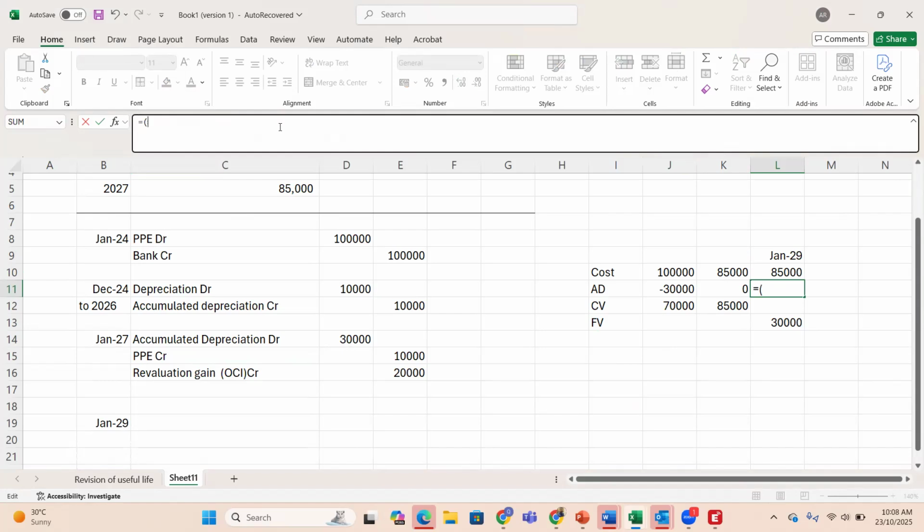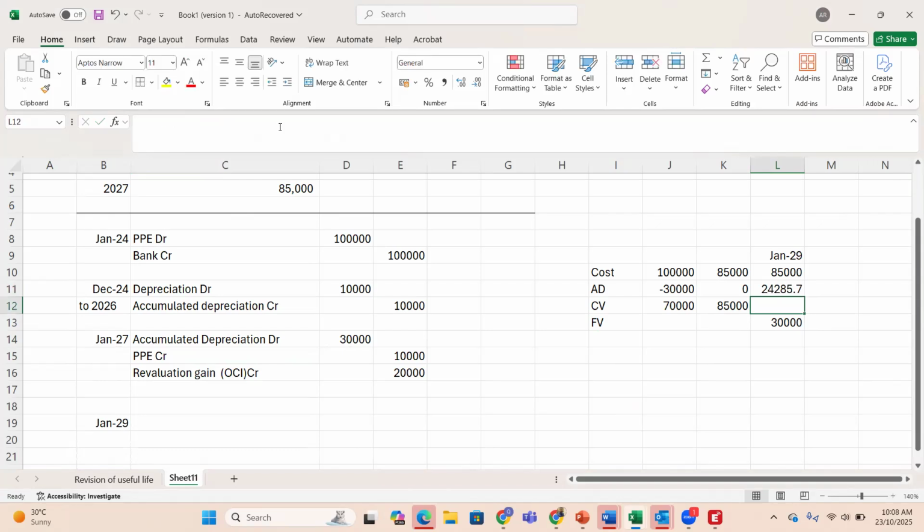It is going to be 85,000 divided by 7. This is going to be my annual depreciation, right? 24, 25, 26. Now 27, 28, this into 2 years. Jan 29 I'm doing. So the accumulated depreciation is how much? What would be the carrying value?